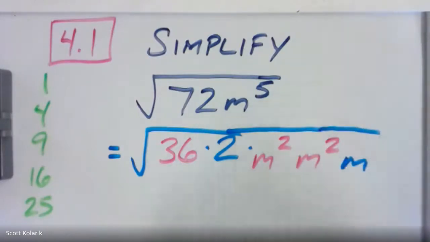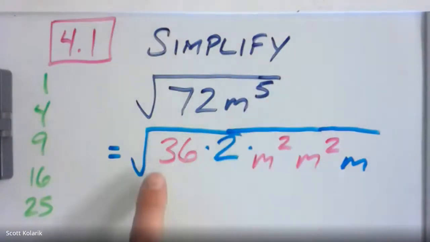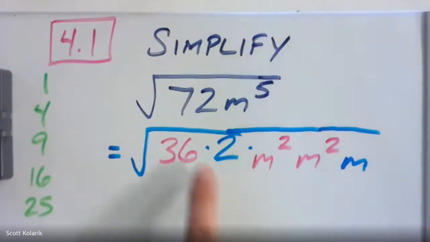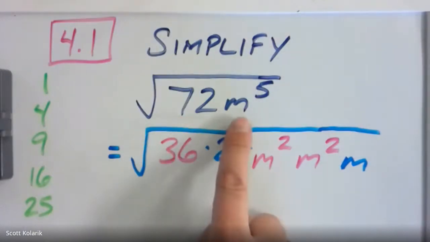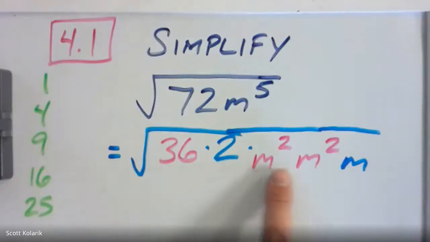This kind of refers back to our properties of exponents, that if I were to multiply these three guys back together, m squared times m squared times m, I'd get right back to m to the 5th. So again, I want to emphasize that this is just a much longer version of this guy, and it's done with purpose because what I'm looking for are perfect square elements.